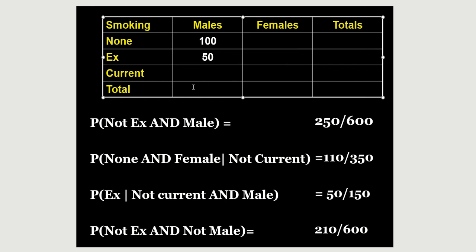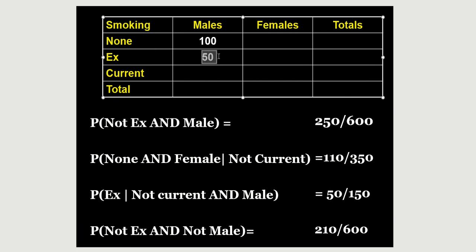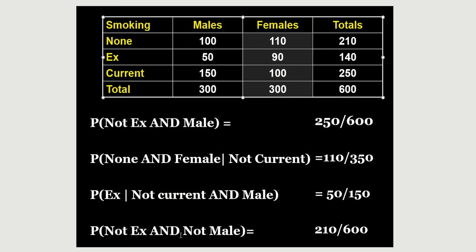So in fact, this condition left me only with two cells. And now the question becomes, what's the probability of ex-smoker? Well, there's only 50 left that are ex-smoker, divided by the total, which is 150, and therefore my probability is 50 over 150. Okay, let's put back all the numbers and do the last one.